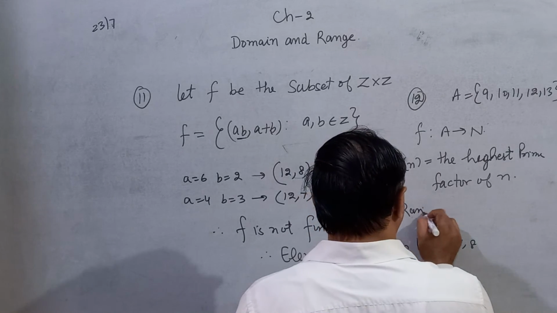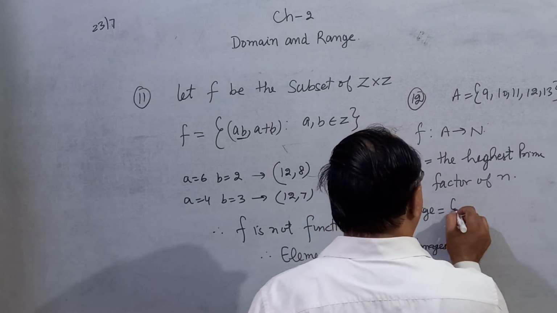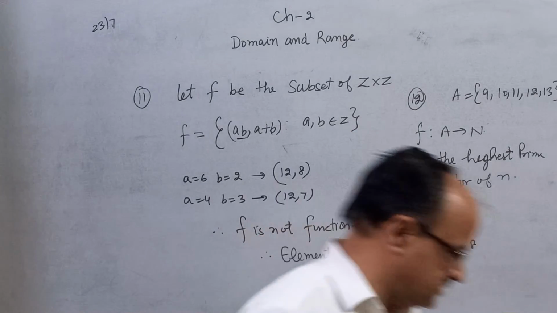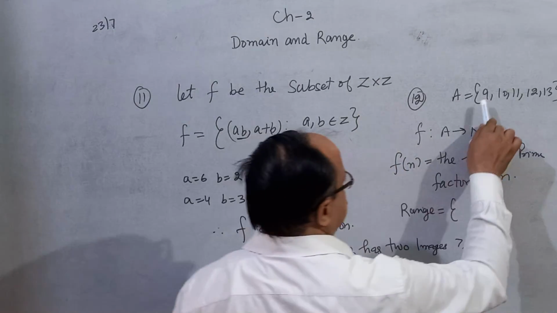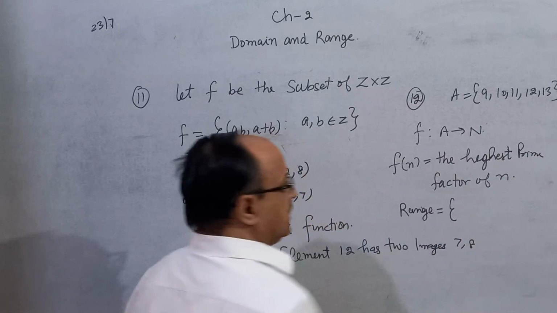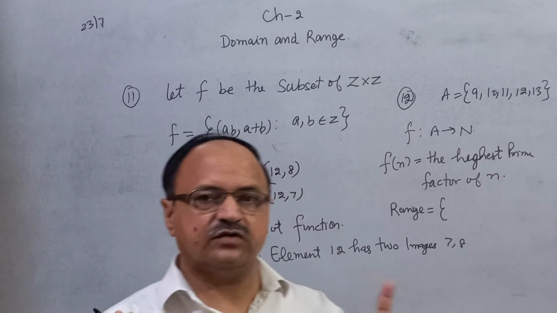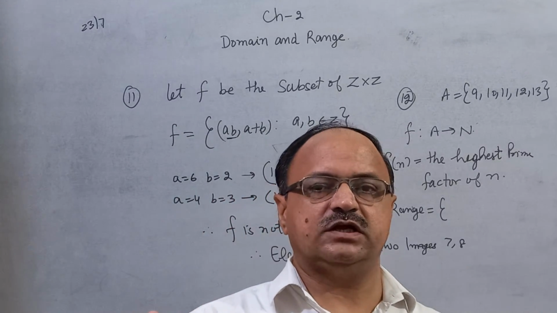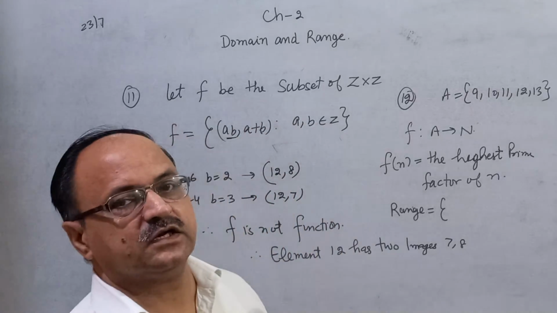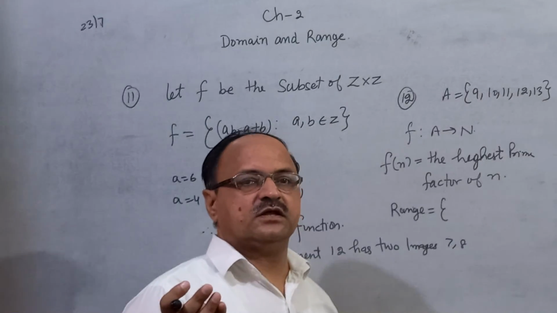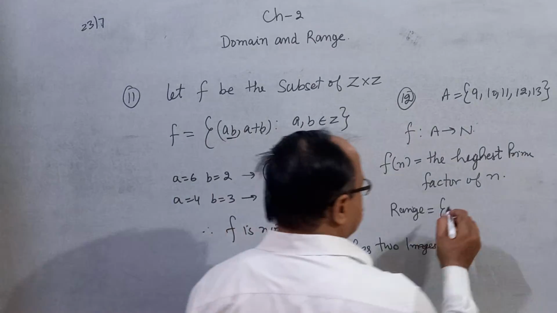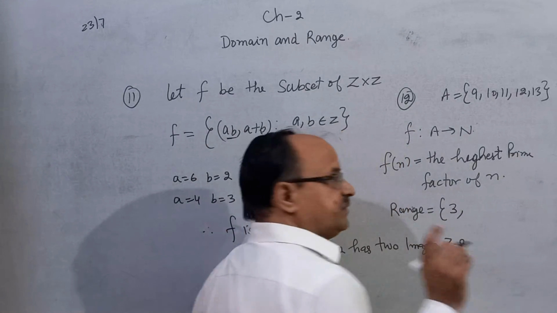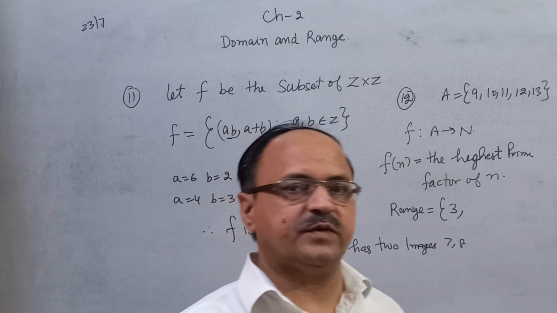Find the range. Can you tell me the range? The factors of 9 are 1, 3, 9, but the highest prime factor is 3. 9 is not prime.